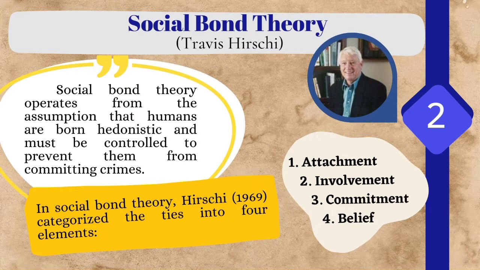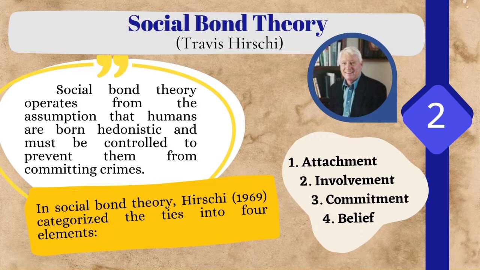By social bonds, Hirschi understands elements of social cohesion. These include an attachment to the family, involvement in activities, commitment to socially accepted norms and institutions, and belief that these things are very important. So the first element is attachment. Attachment describes the strength of the bonds and relationships that exist within an individual's social environment.